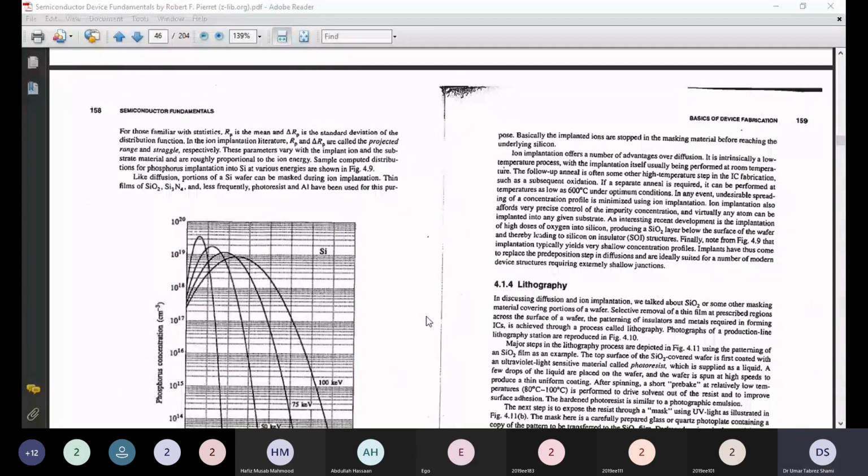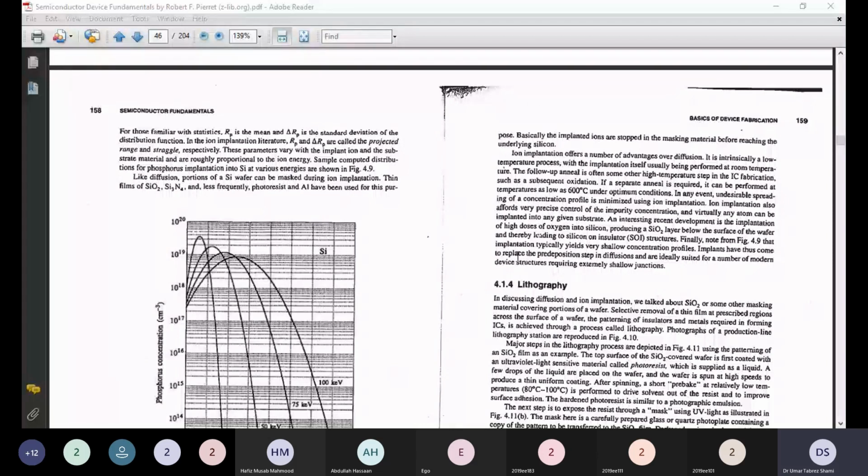Ion implantation offers a number of advantages over diffusion. It is intrinsically a low temperature process, with the implantation itself usually being performed at room temperature.